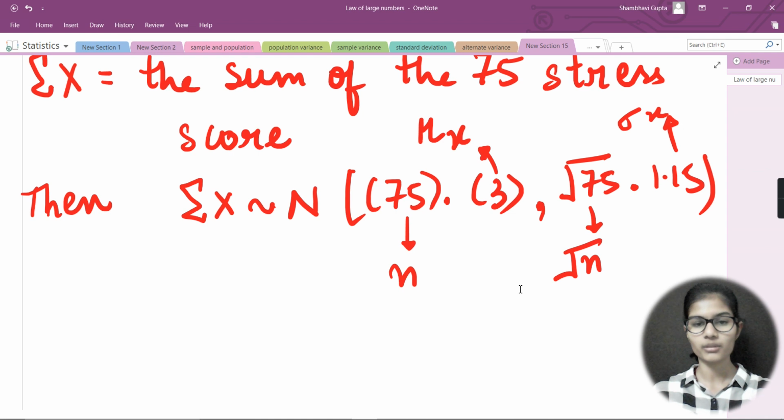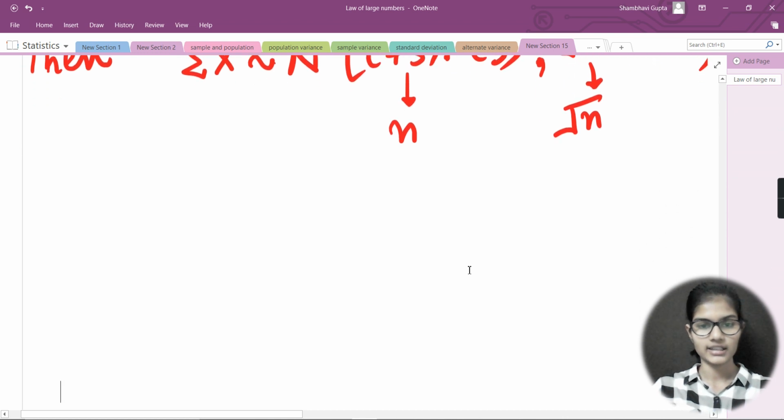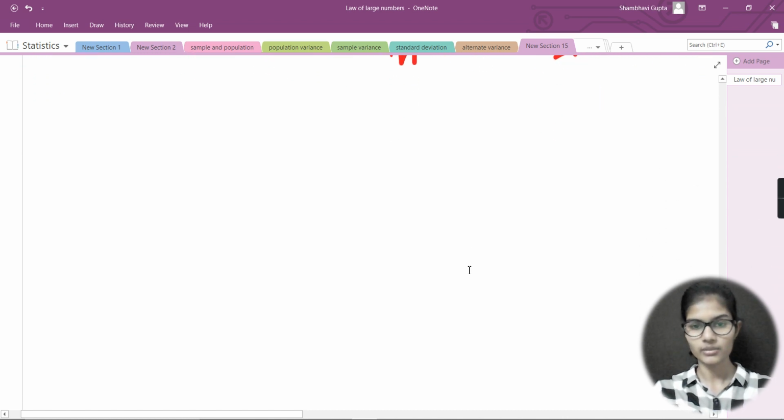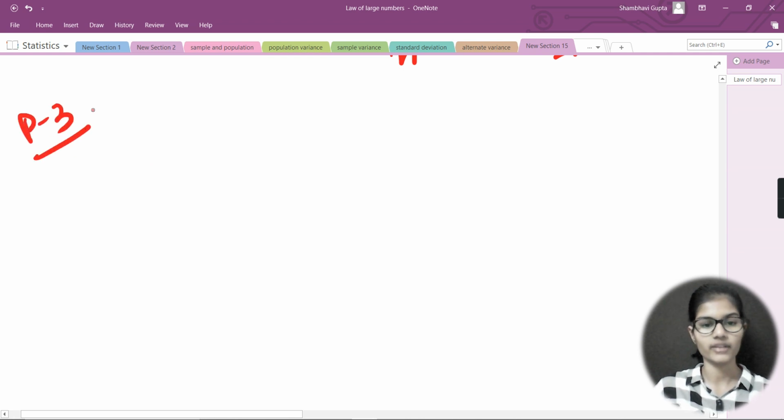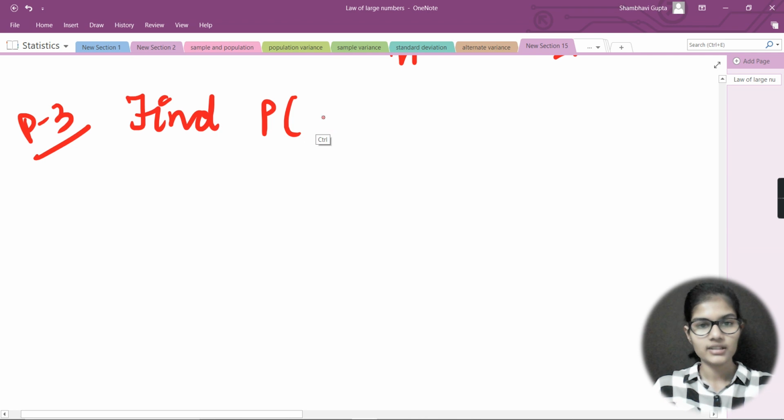Now here comes problem number 3, which we need to solve right now. Let me quickly move down and take a little space on this side, and now I'm going to write problem number 3 here. Fine. Now what is my problem 3 asking me to find? Problem 3 is asking me to find the probability that sigma x is less than 200.